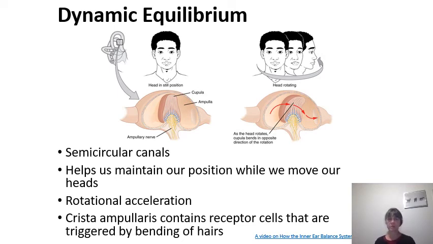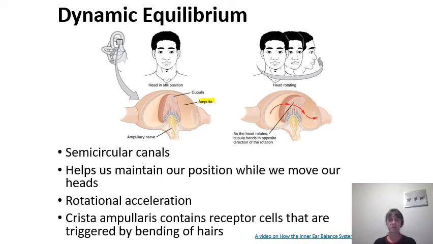And this is done by the crista ampullaris in the very beginning of the semicircular canals, where they join together with the vestibule. Part of the crista ampullaris is the swollen portion of that semicircular canal that's referred to as the ampulla.